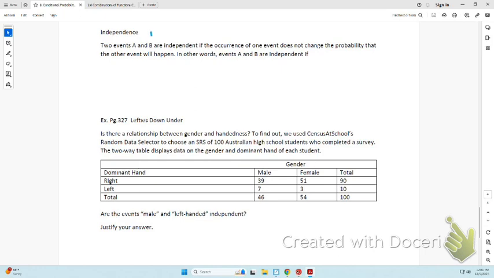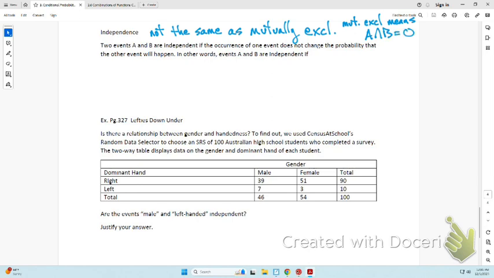This is not the same as mutually exclusive. All mutually exclusive means is that the intersect is 0.